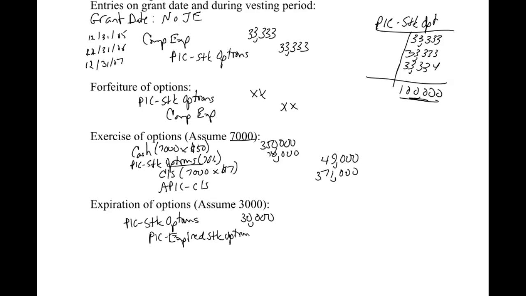It's still an equity account because they did work for us. We did benefit from them working. It could have expired for a number of reasons. Maybe the stock price went back down and so they didn't exercise it. Or maybe the people holding these options didn't have the cash on hand, because remember, you have to show up with the cash as well. Maybe they just didn't feel like paying for the stock at that point in time. Whatever the case may be, that would be the journal entry.